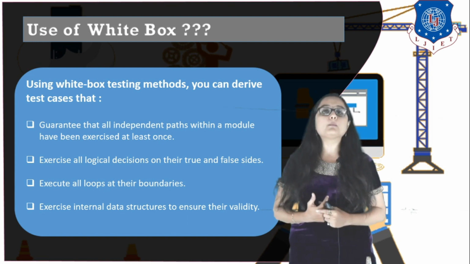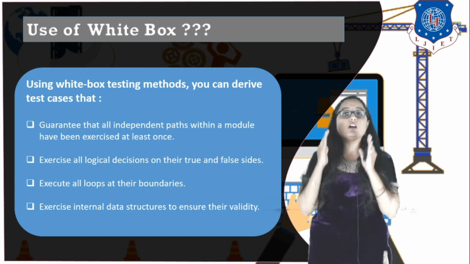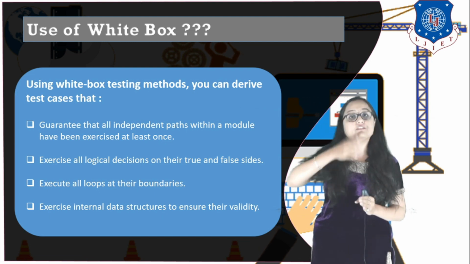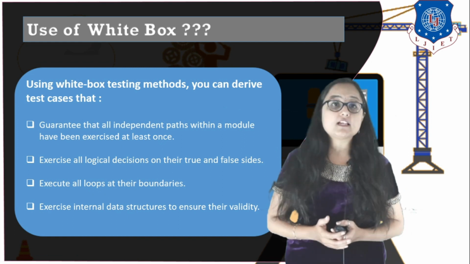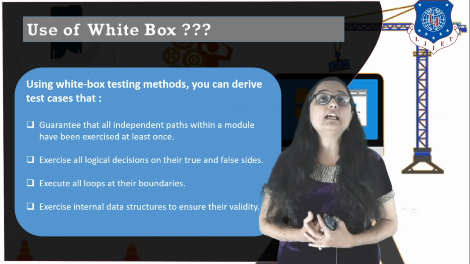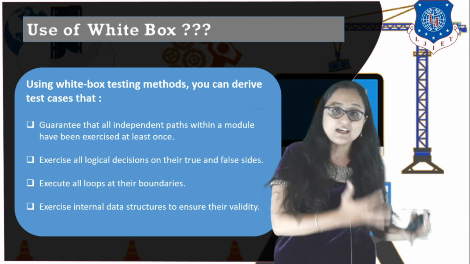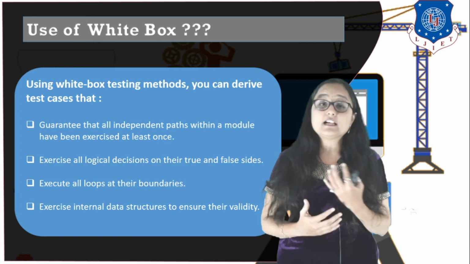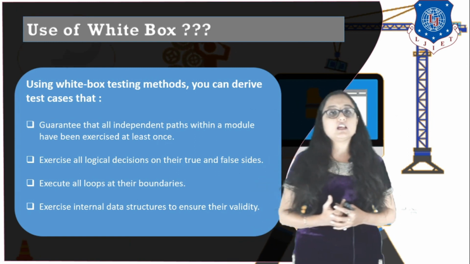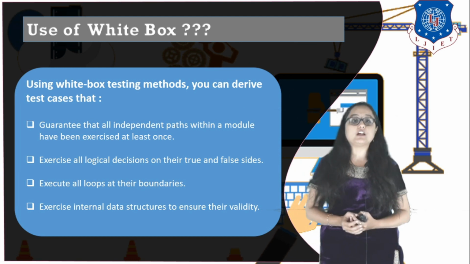When you are performing white box testing, you are checking whether we are testing the code for every path or not, right? The next thing that white box testing ensures is that all the logical decisions, that is whether they are true or false, are tested, right? The next thing is we are testing all the loops and the boundary conditions.